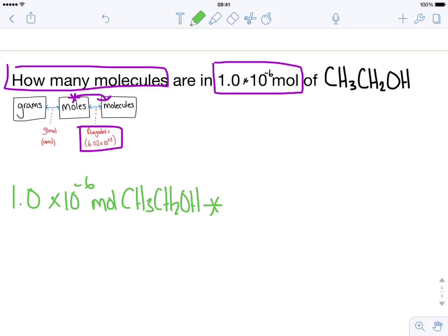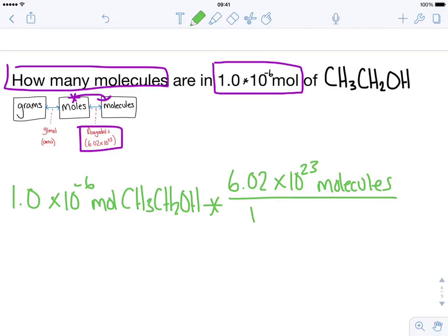So we're saying in 1 mole, there are 6.02 times 10 to the 23rd molecules. So if I'm given moles here in this question, do I want moles on the top or the bottom? I'm going to want moles on the bottom so that they cancel out. So I'm going to put Avogadro's number on the top. 6.02 times 10 to the 23rd molecules in 1 mole.